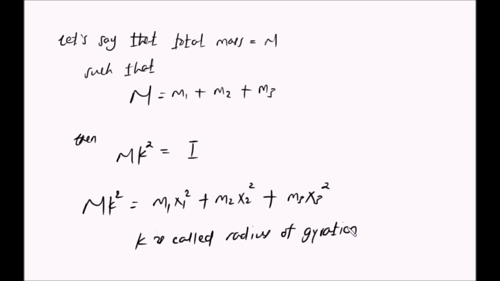So now k, this radius of gyration, is just equal to I over M. The square of the radius of gyration is equal to I over M. So the radius of gyration is just going to be the square root of I over M. So I is the moment of inertia. That's about the moment of inertia.